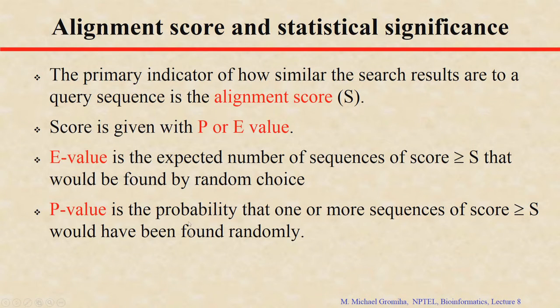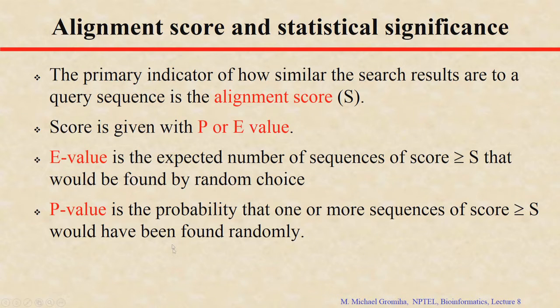So, the e value is defined as the expected number of sequences which can get a score more than s that will be found by random choice. For example, if you get your alignment score, say 10 or 15, what is the expected number of times you get that same number or any score of more than s? That is the e value.